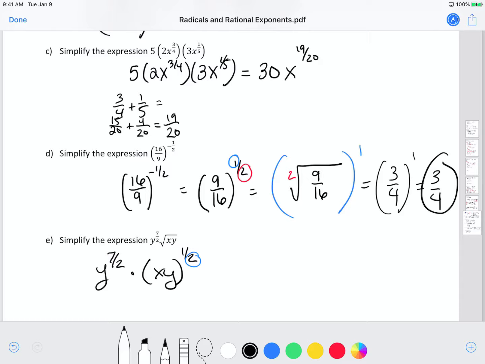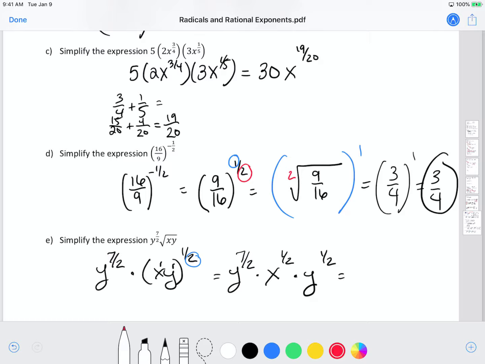Now, I can separate this, the x and the y to the 1/2. When you raise a power to a power, you multiply, and this is x to the first and y to the first on the inside of the parentheses. So I can rewrite this as x to the first raised to the 1/2, which would be x to the 1/2, because I would take the 1 times the 1/2. And I do the same thing with the y to the first raised to the 1/2, which would be y to the 1/2.